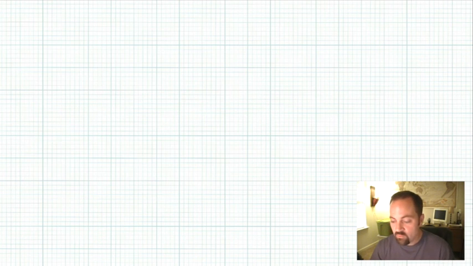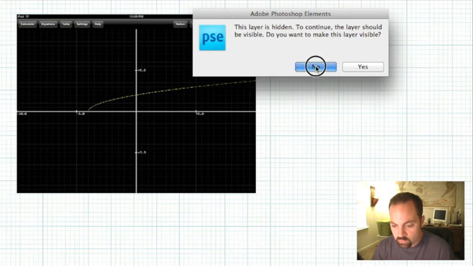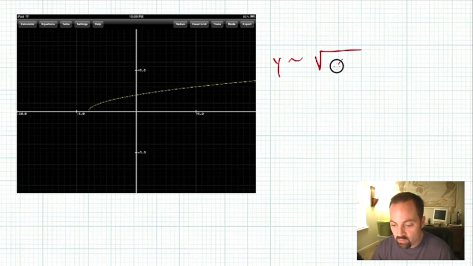Okay. What if y is proportional to the square root of x? Or you could say y is proportional to x to the 1/2 power. It's the same thing. It'll look like this.